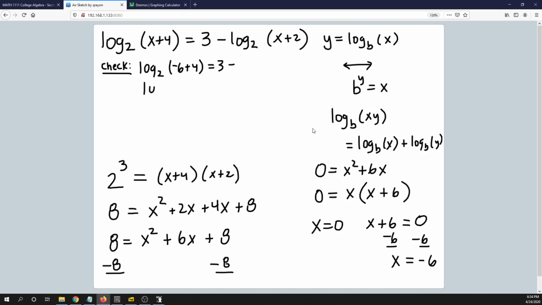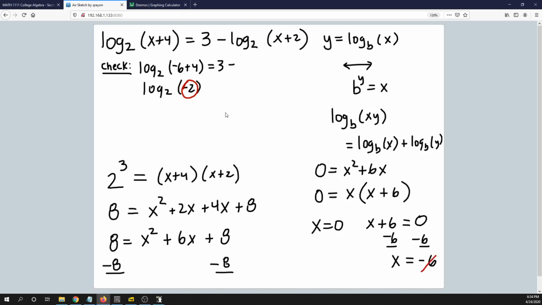I have log base 2 of negative 2 on this side, okay? And that is an issue, right? This fact that I wind up with a negative number inside the log means that negative 6 is not going to be a solution, right?